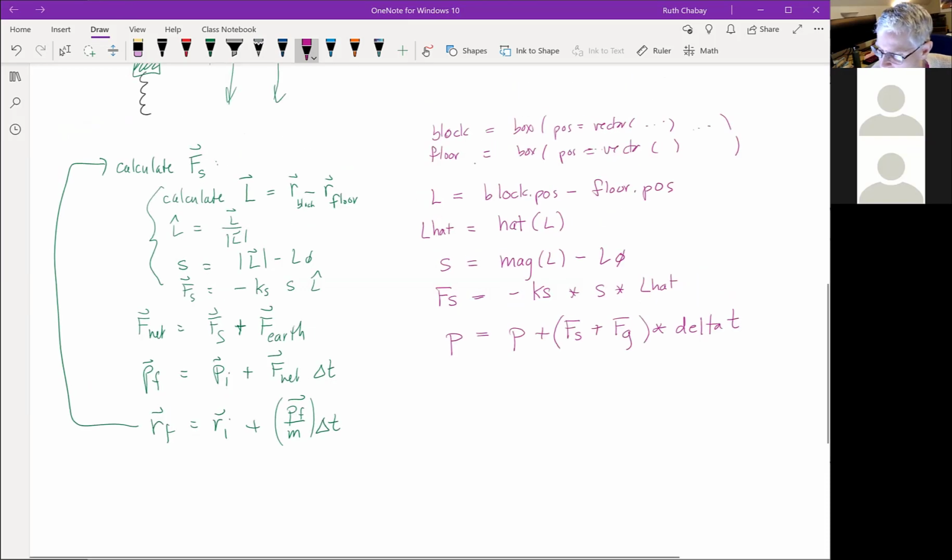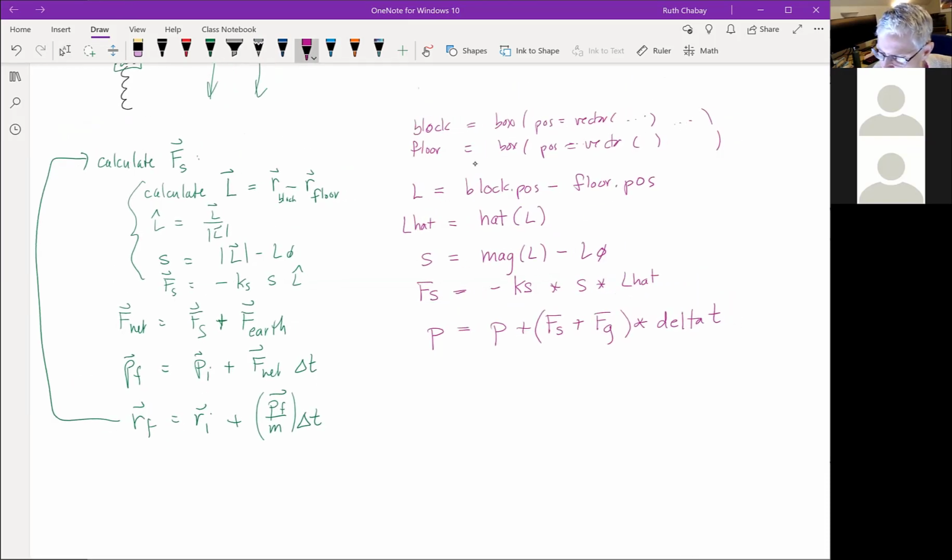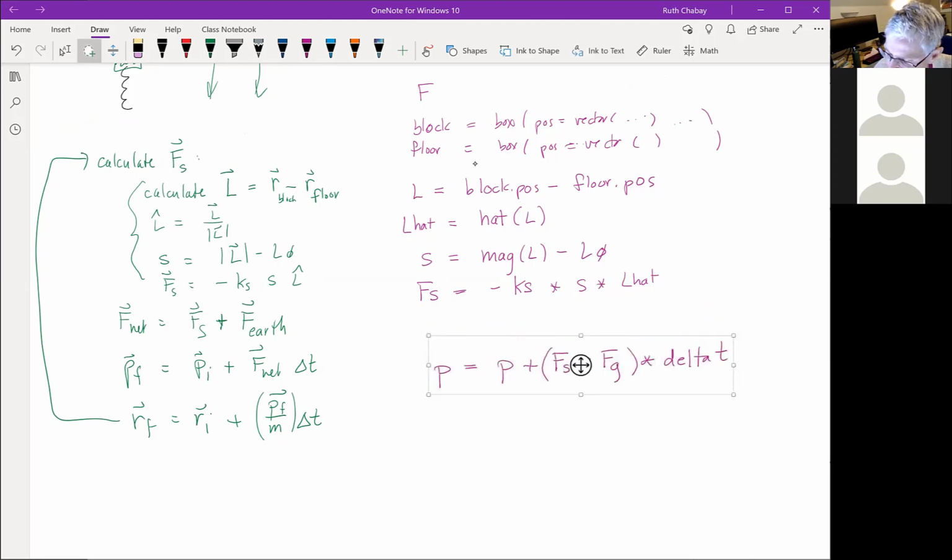So up here we would have wanted to calculate, so we need a gravitational force. Maybe we should just put it in here. We'll put it inside the loop even though it's constant. So the gravitational force is going to be a vector 0 minus the mass of the block times the value of g, which we've defined up here.